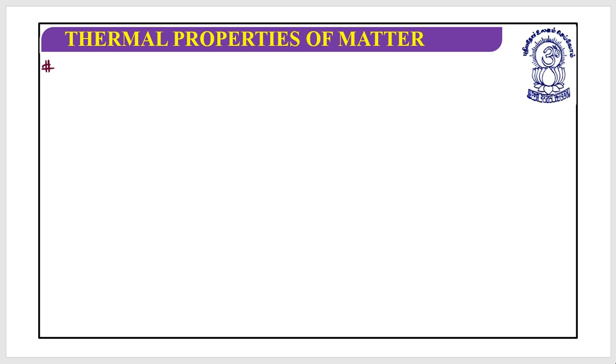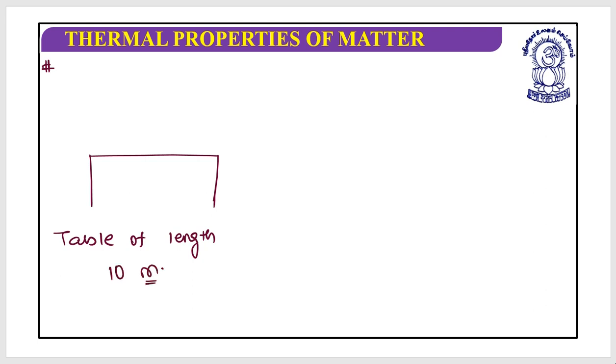Let's suppose this is a table of length 10 meter, and I am measuring this with this measuring tape, and this table is made up of wood. It's a wooden table. Why wood?